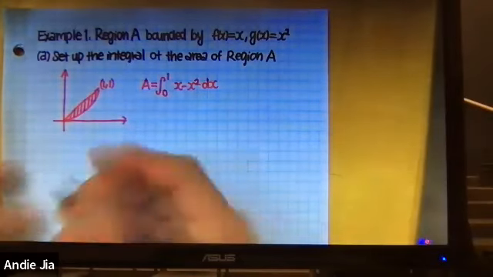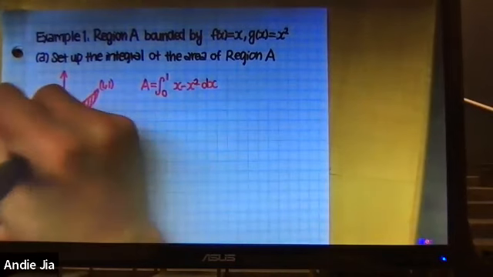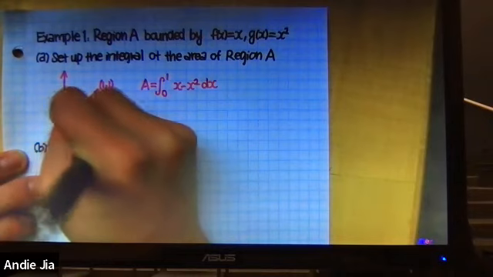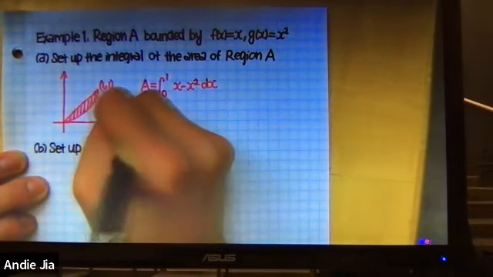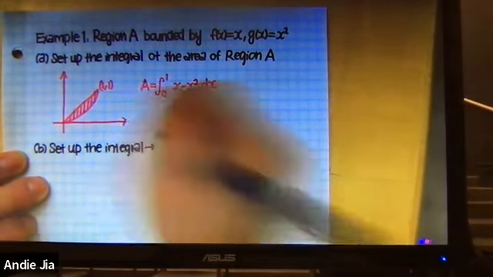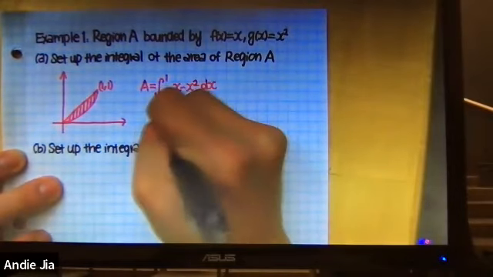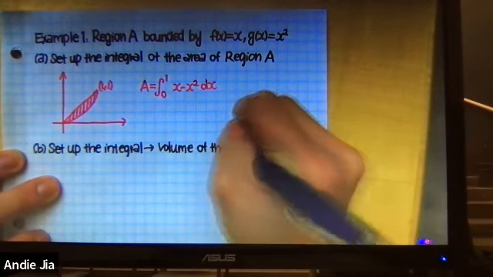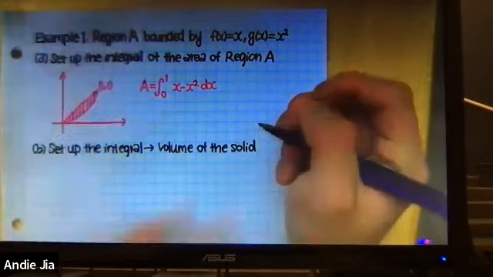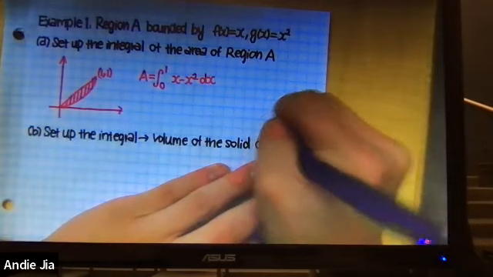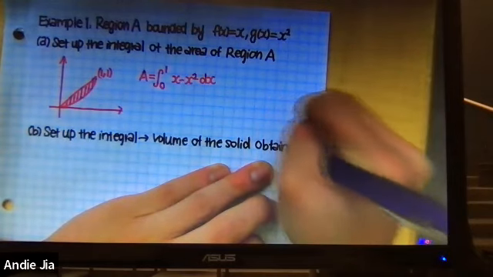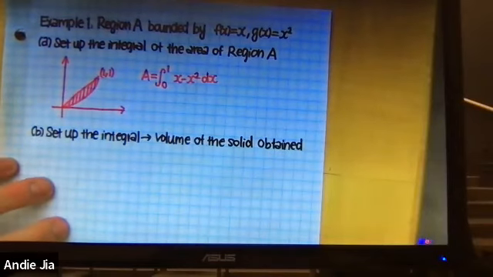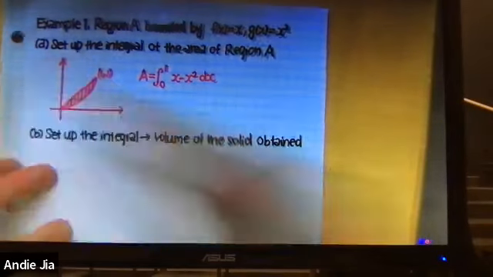If you want another part, part B, set up the integral of the volume of the solid obtained by rotating the region about the x-axis.